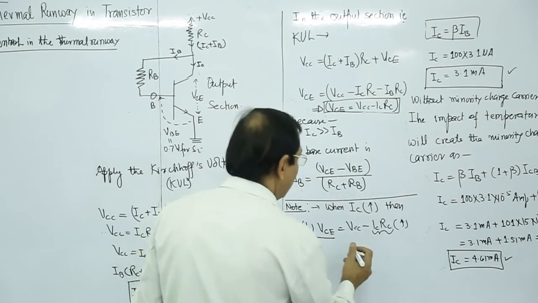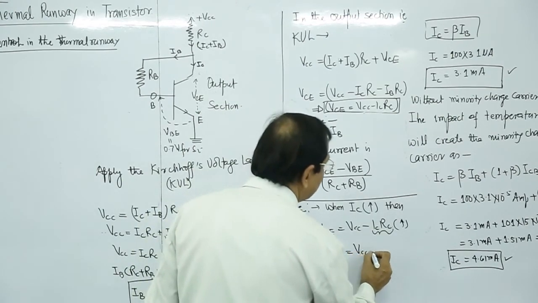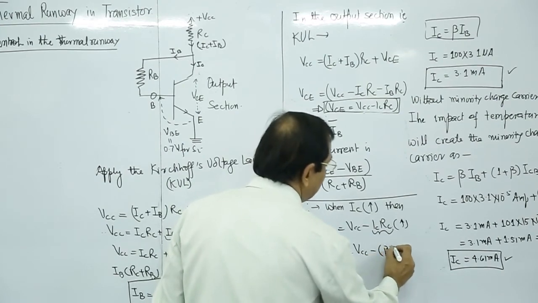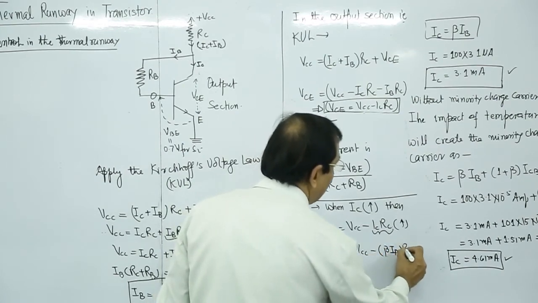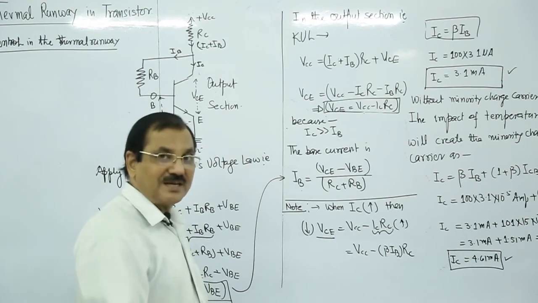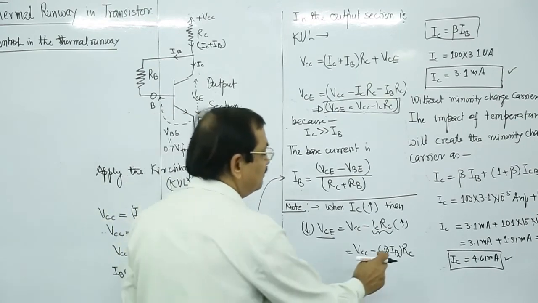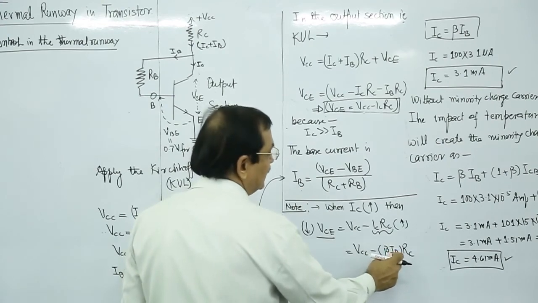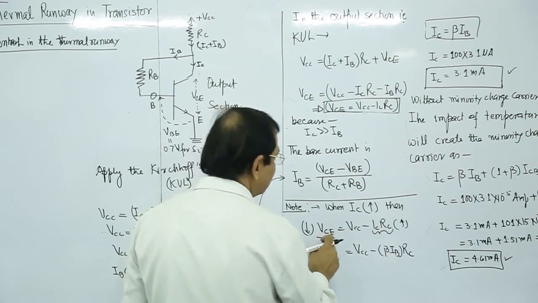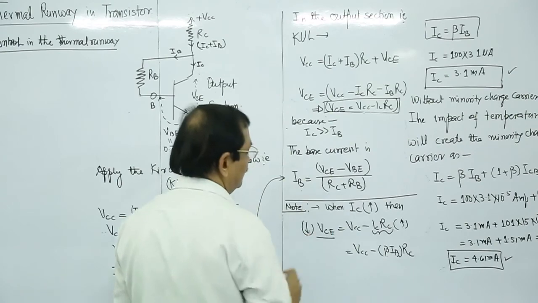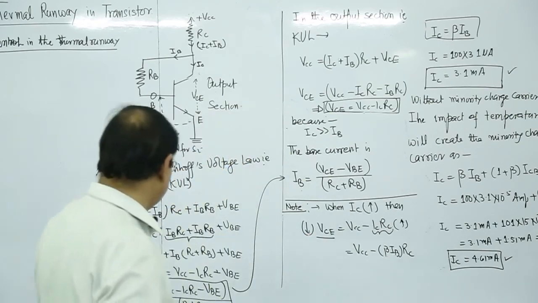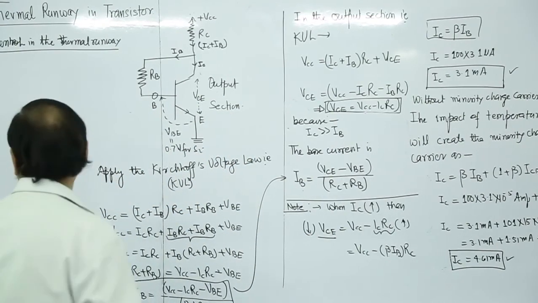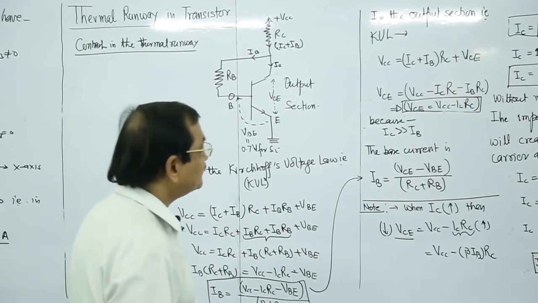And what will happen? Beta IB RC, when this is decreased, beta is this much, so this will control the IB. That is, IB will decrease.